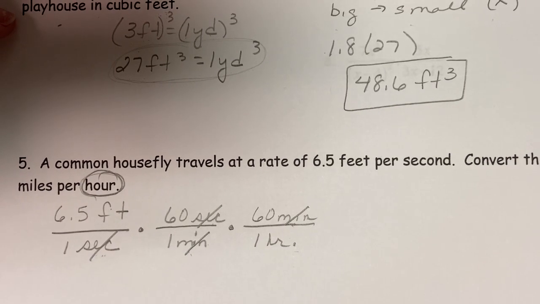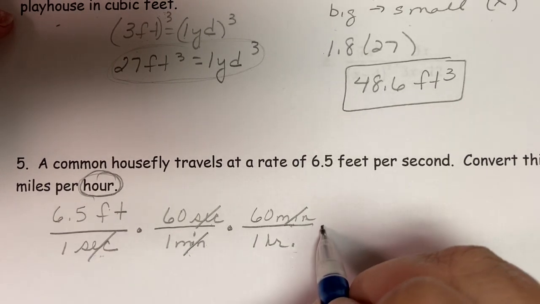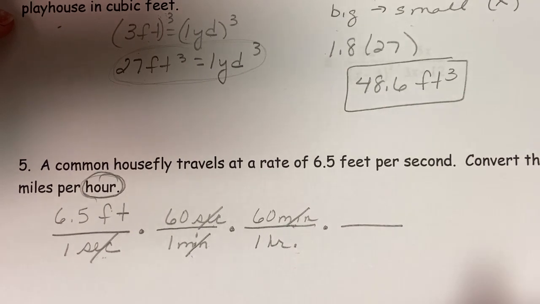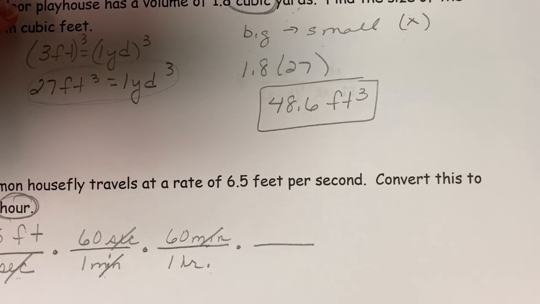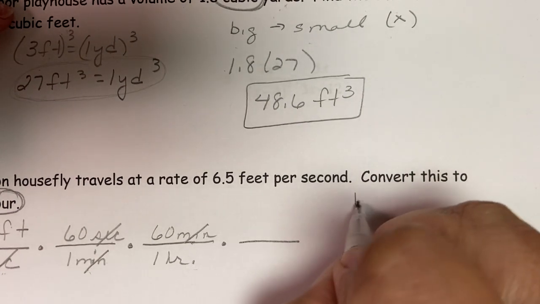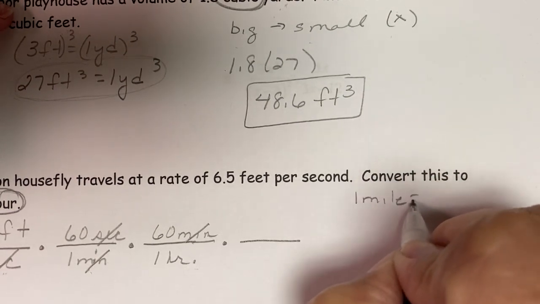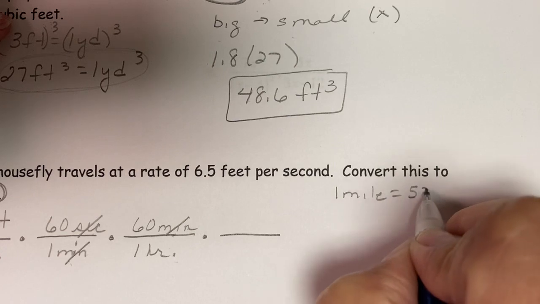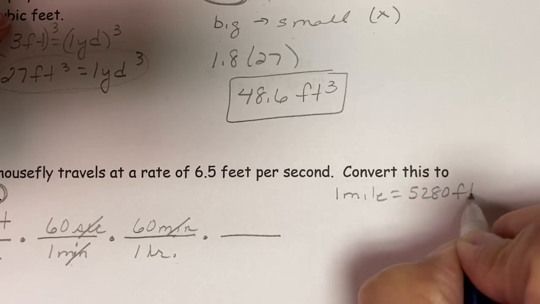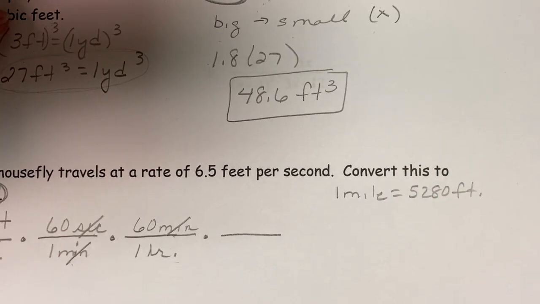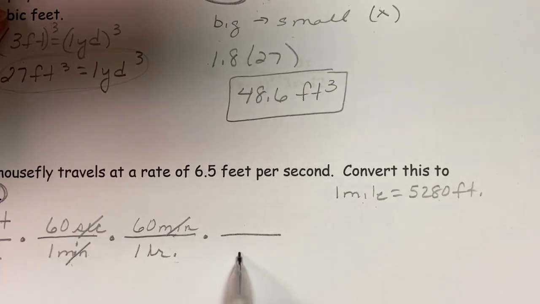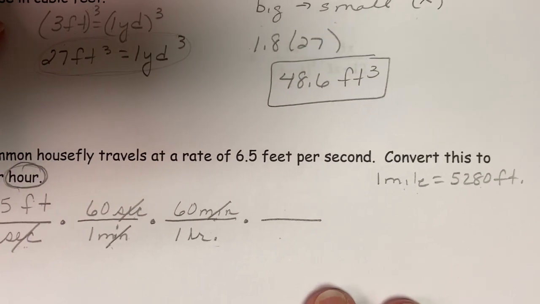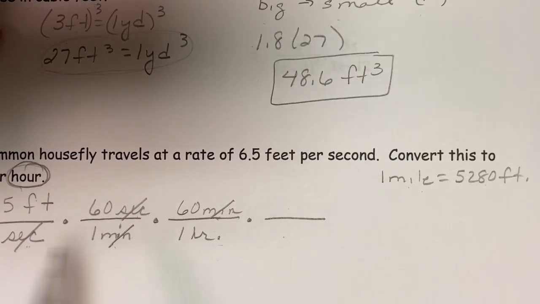Now I need to change feet into miles. Do you remember by any chance how many feet there are in a mile? If you don't, I don't blame you. 1 mile is 5,280 feet. You should know that. So I'm going to use this as a fraction, and that's what I'm going to multiply here. Now remember, I want the feet to cancel.